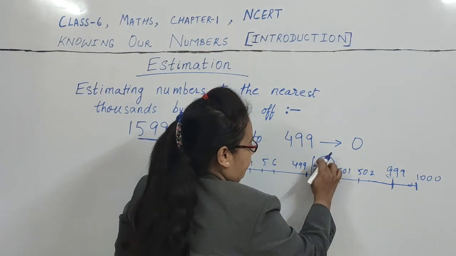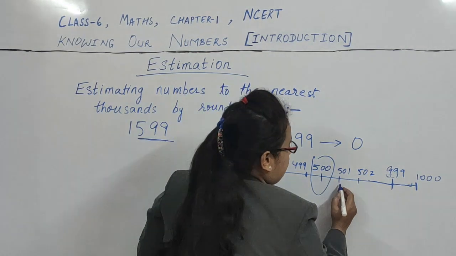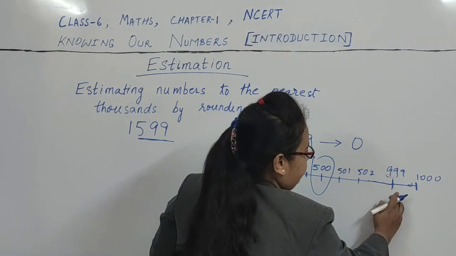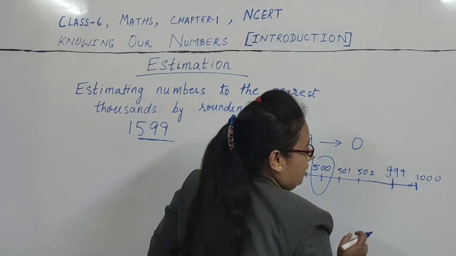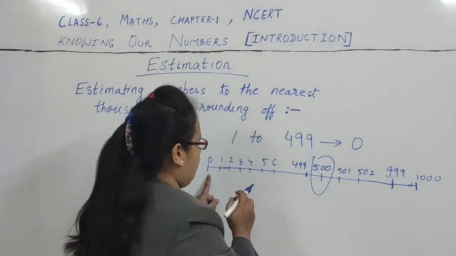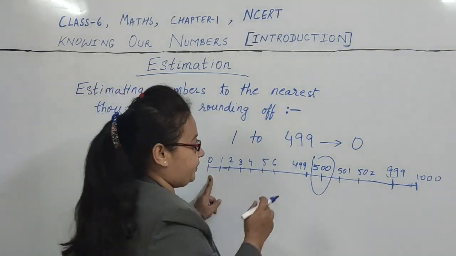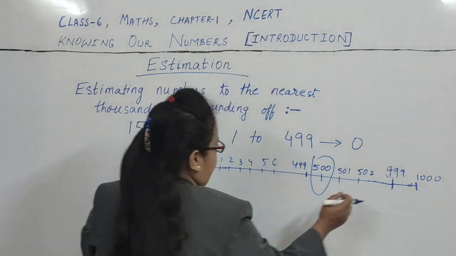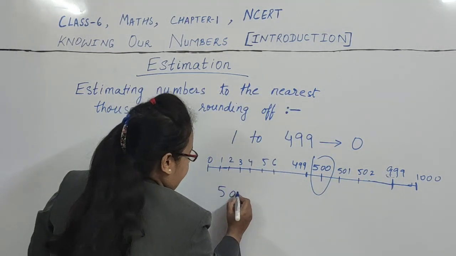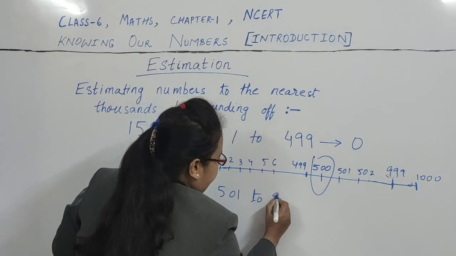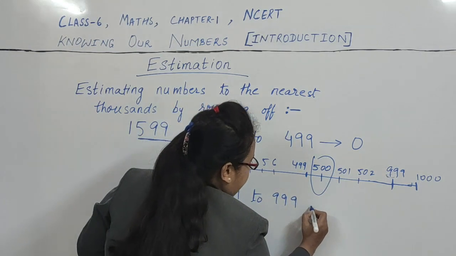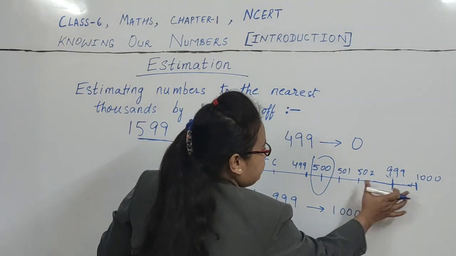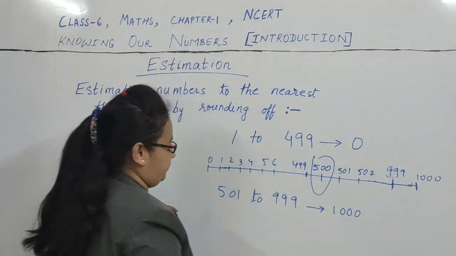And this is the middle number 500. We know that numbers from 501 to 999 are closer to 1000 when compared to 0, right? So the numbers from 501 to 999 will be rounded off to 1000 because these numbers are closer to 1000.